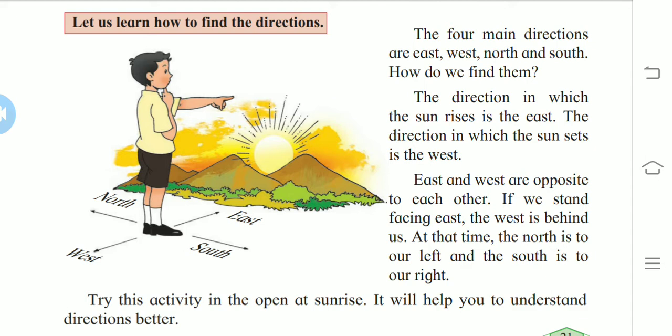At that time, the north is to our left and the south is to our right. Try this activity in the open at sunrise. It will help you to understand directions better.